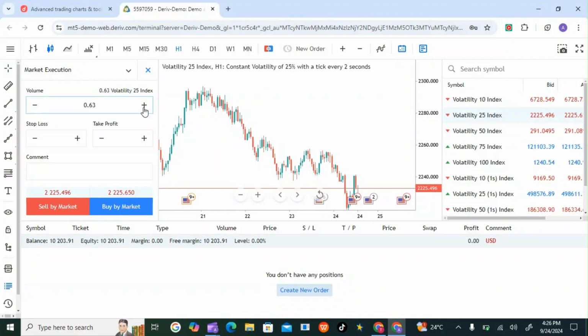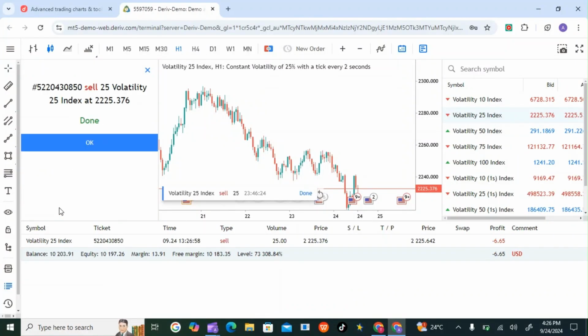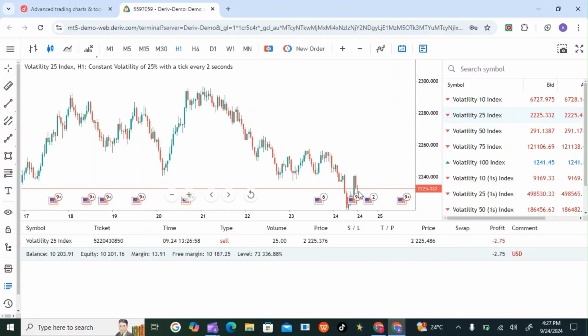So I can just use a good amount, but do not do this. We will come and do this later, where we consider what to use while taking trades.